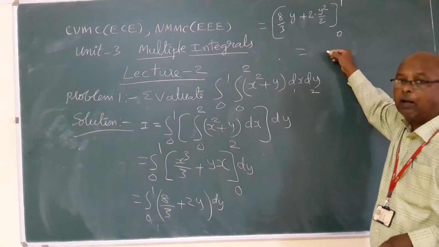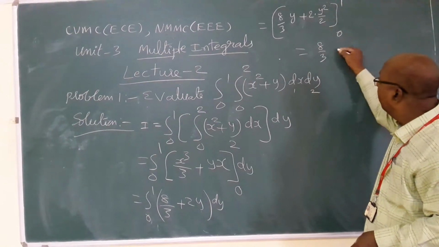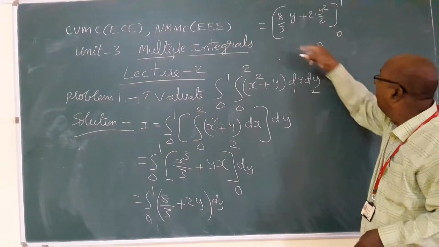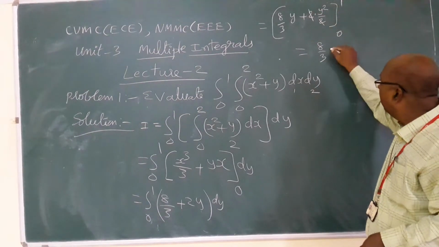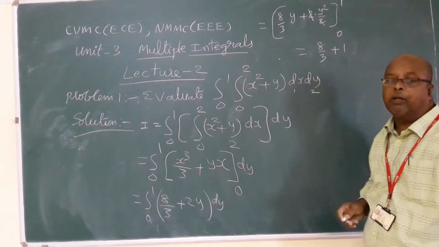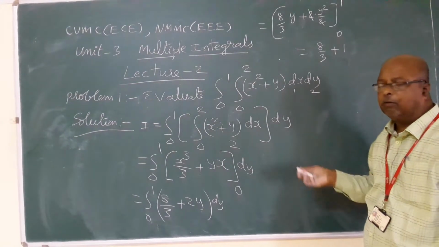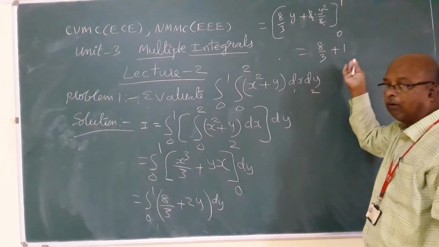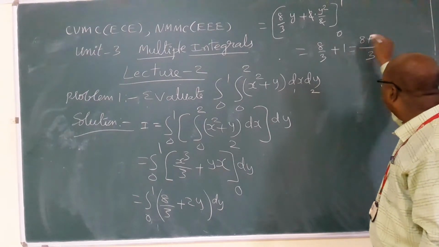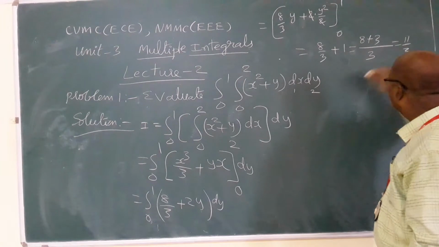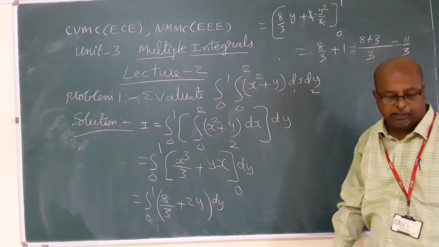First we substitute the upper limit: 8 by 3, instead of y write 1; 2 cancels, instead of y write 1, plus 1. Lower limit 0, we need not write. Taking LCM 3, 8 plus 3 gives 11. So your answer is 11 by 3.